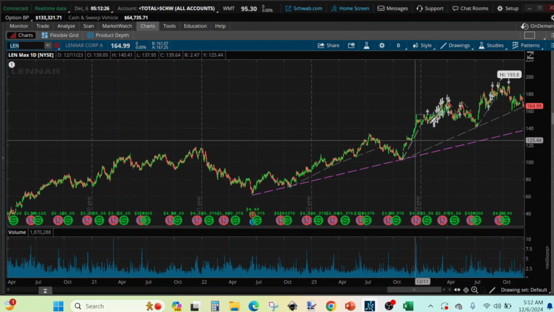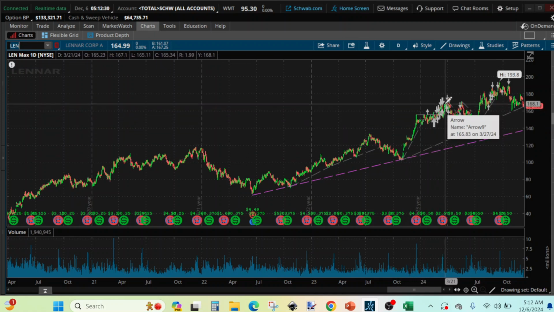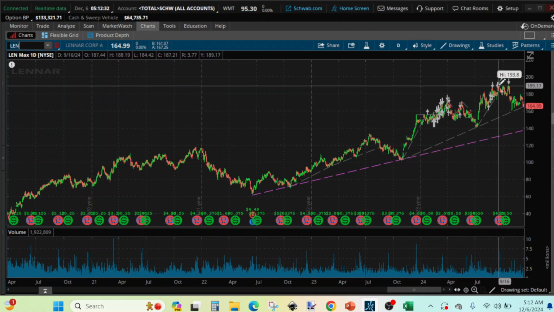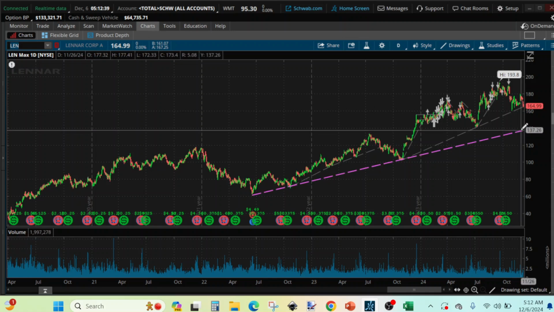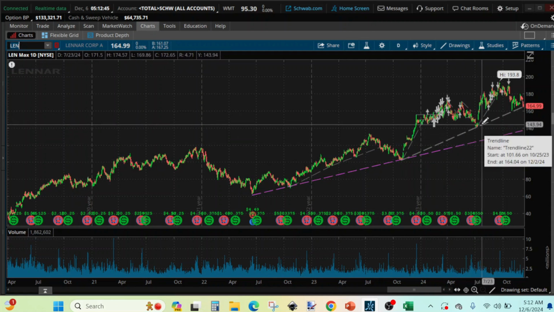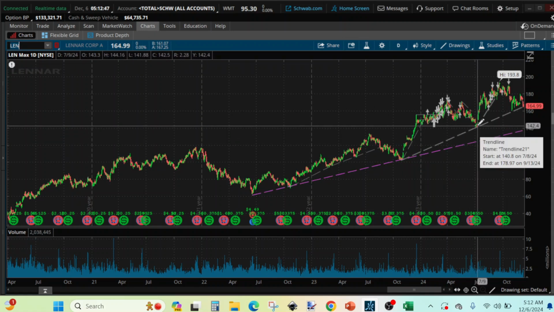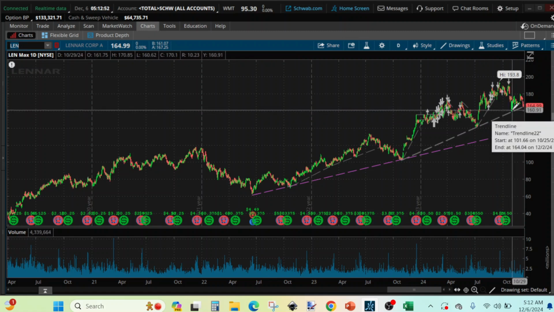So if you want to repeat the same pattern, you could go from there, reach a peak in March, another peak in September. So well, here is October, and here, let's see here, it came to it again in October.